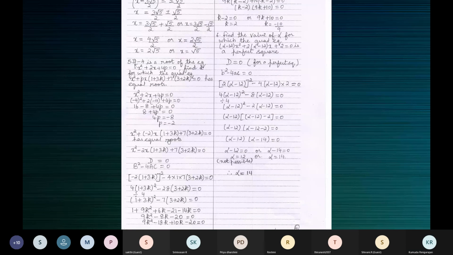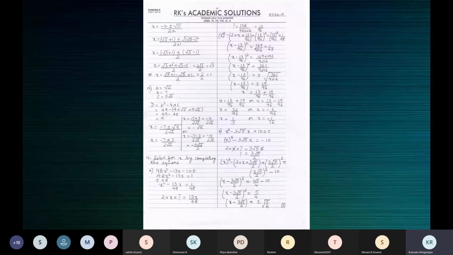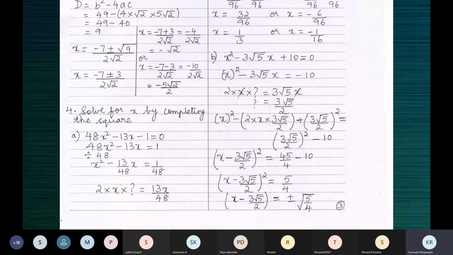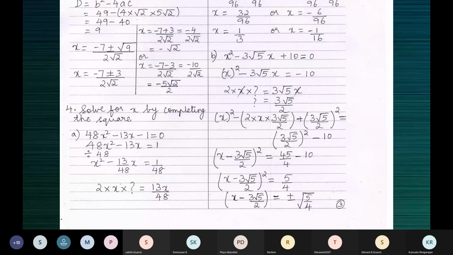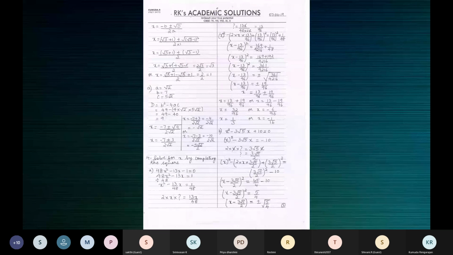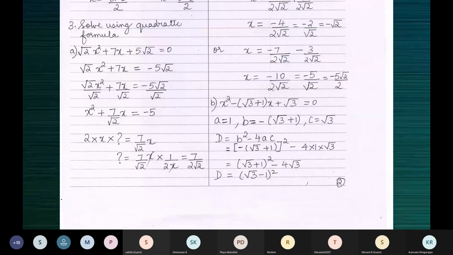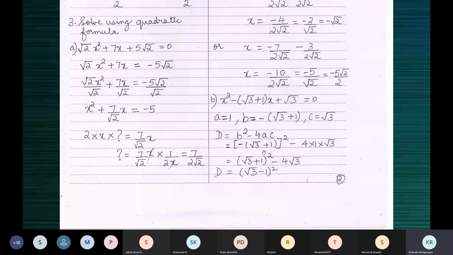And according to me, this is important. Important not to expand. Here it is important that we don't multiply this, because b is negative here, but we know b square is going to be positive.